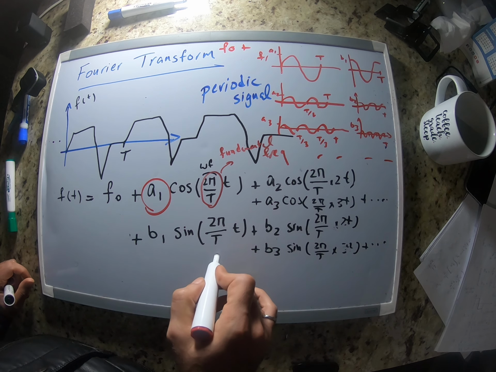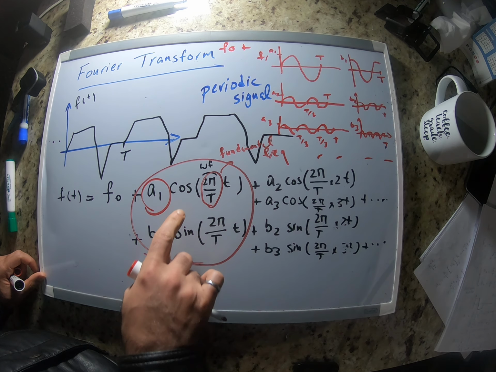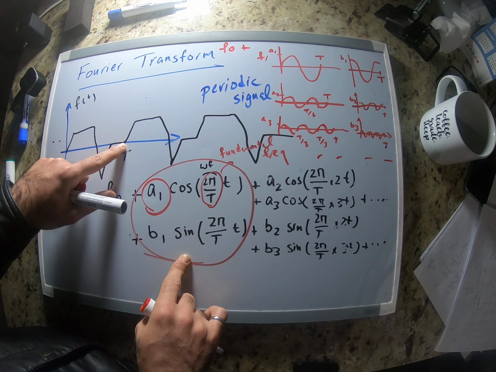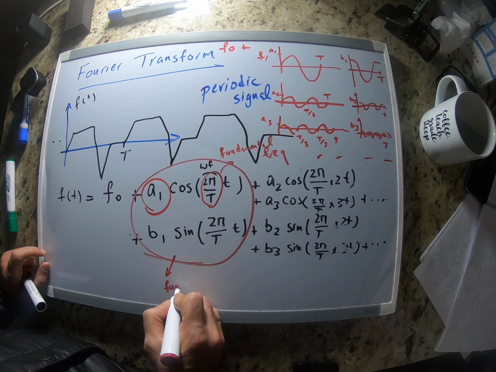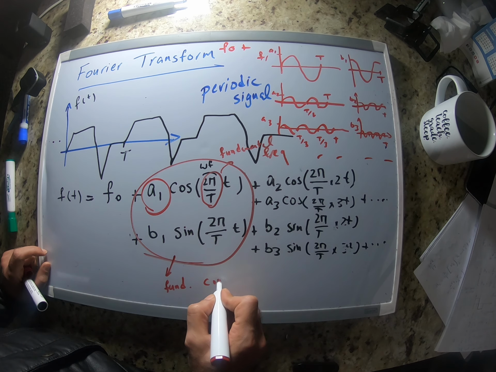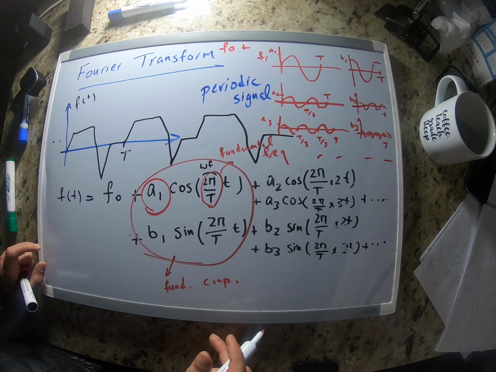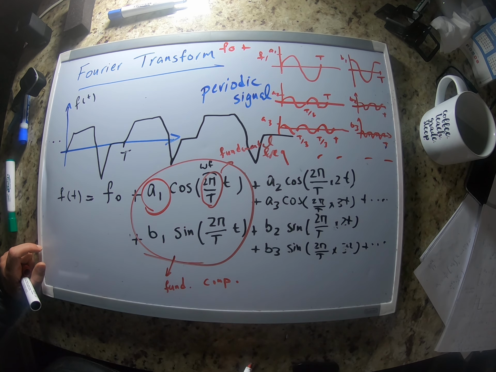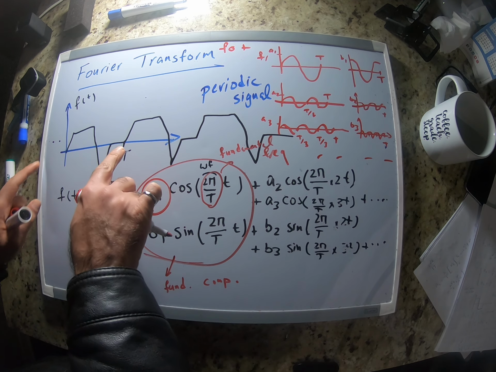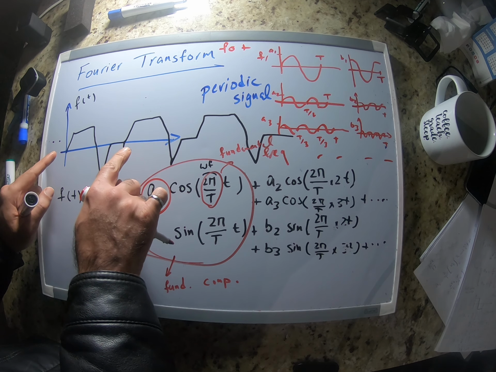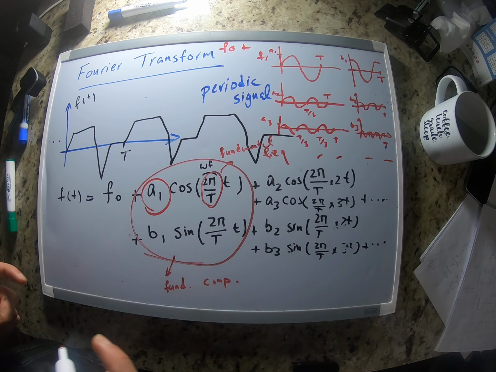The first sine and cosine have the same frequency as the original signal, so we call them the fundamental frequency components. And the rest of them are the harmonics. They are signals with multiple frequencies of the original signal's frequency. So that's basically the whole point of Fourier transform.